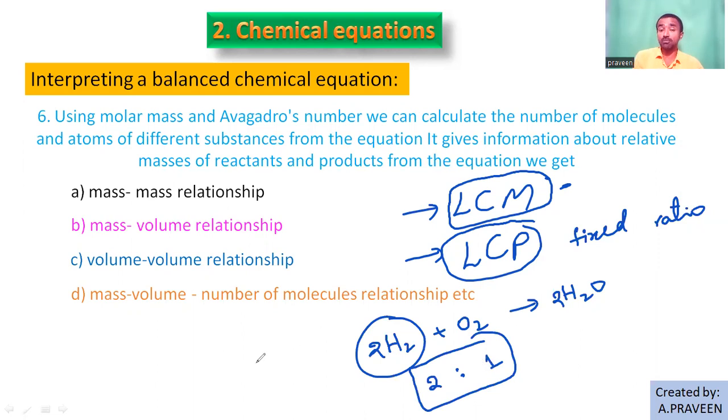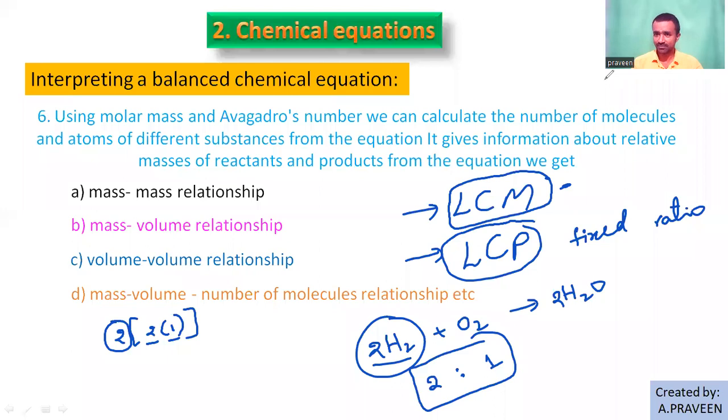According to the masses, the hydrogen molecular weight, for this substance according to the balanced chemical equation, you can calculate 2 into 2 into 1. What is 2 into 2 into 1, sir? 2 is the coefficient and the other 2 is the subscript. 1 is the atomic weight of the hydrogen atom.